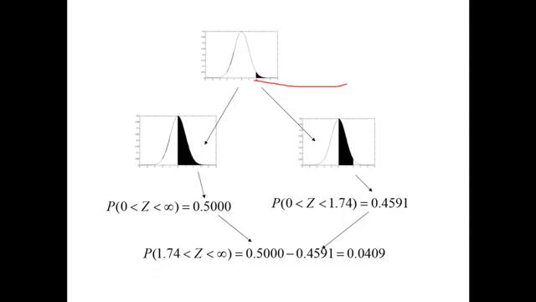Well, I fatten it up to be the whole side, and I know the whole side is 0.5. And then how much fat did I have to add? Well, the fat I added was from that point to 0. And so I just do the table lookup there, and then I subtract the fat out.